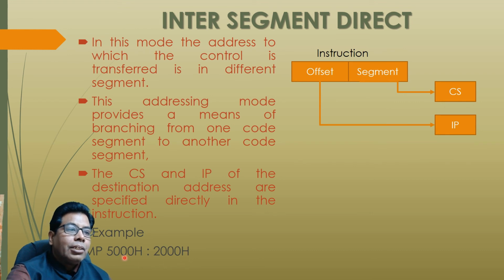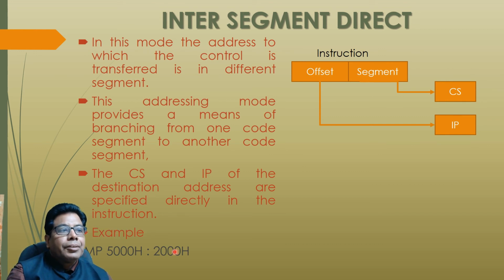So this 5000 is the segment address, and 2000 will be the offset address, and the jump will take place. The physical address we'll have to calculate, so it will come out to be 52000H, and directly the jump will go to that place.